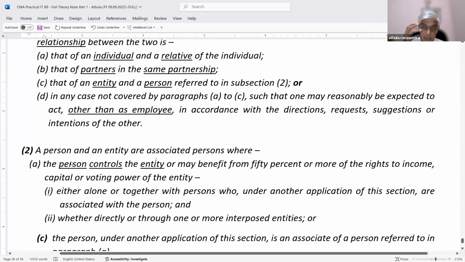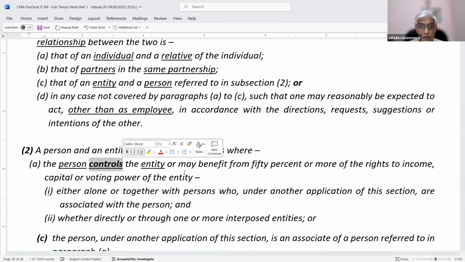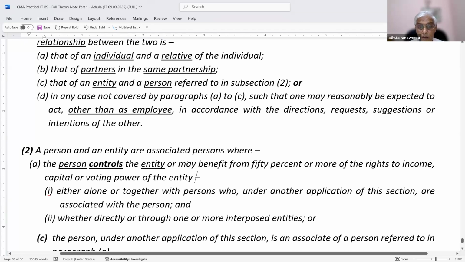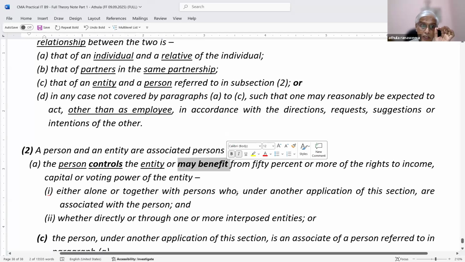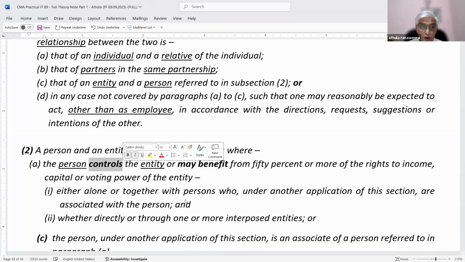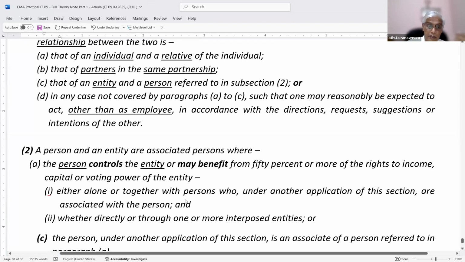Or an individual director controls a company or may benefit. Now here, one important thing is controls. The other one is may benefit. Under two criteria, they have measured this. One is controlling ability.